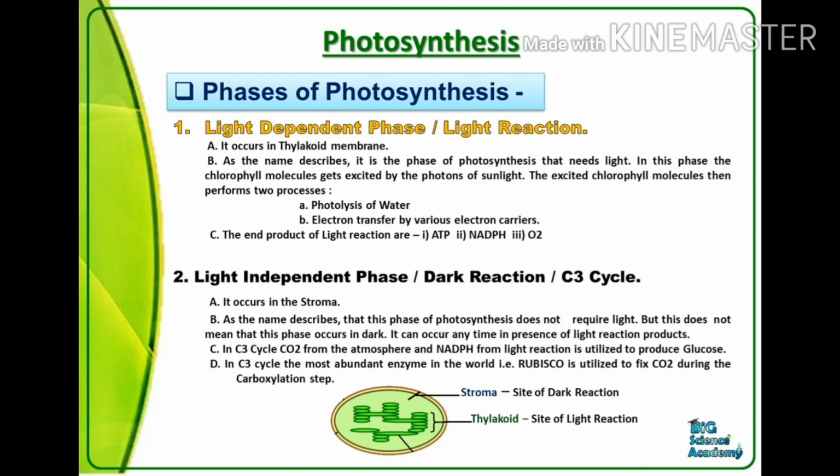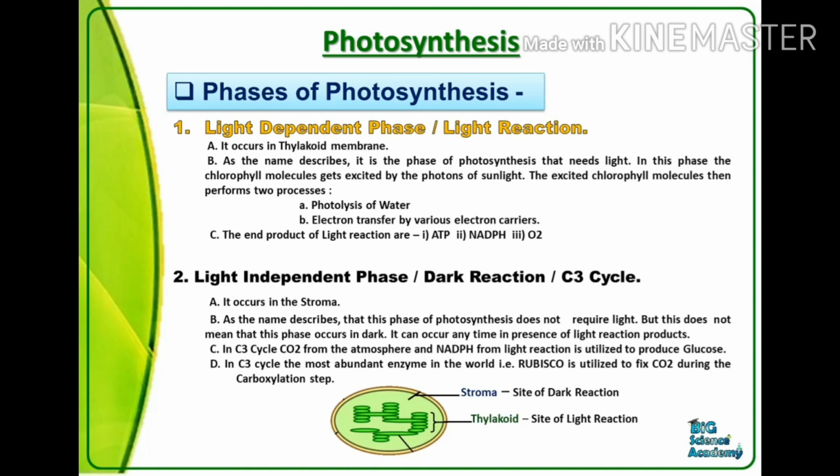The second step is the electron transfer by various carriers along the thylakoid membrane, which ultimately generates NADPH and ATP. So, the end products of the light reaction are ATP, NADPH and oxygen.